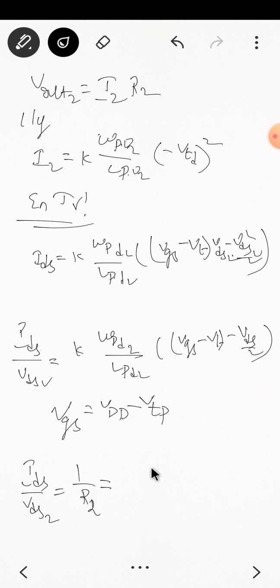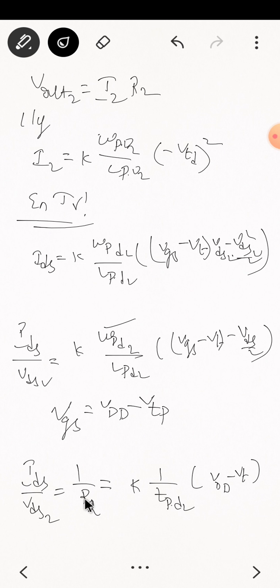So it will become K into 1 upon Z pull down 2 into VGS minus VT, and we know very well VGS is equal to VDD minus VTP. After we neglected VDS by 2 because it is very small, this will become this way.